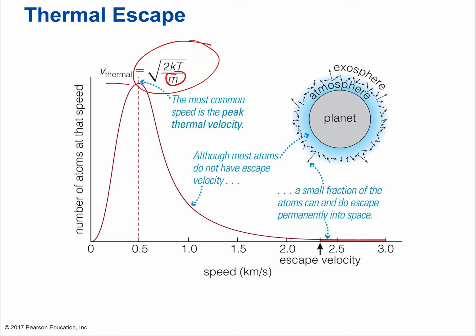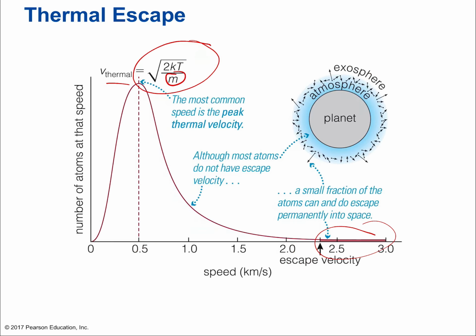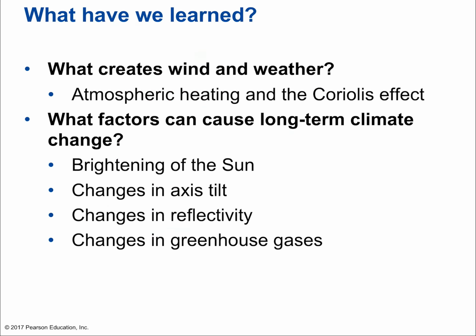We can see that a very small fraction actually achieve a high enough velocity to escape. But that tail, that small proportion, does mean that over time some do escape. You don't need all of them to escape, you just need a gradual escape. So over hundreds of millions of years, if a few molecules are escaping, they will continue to do so until there are none left.